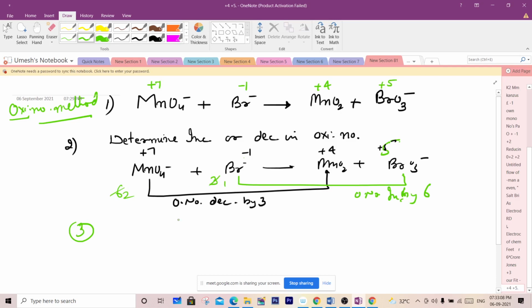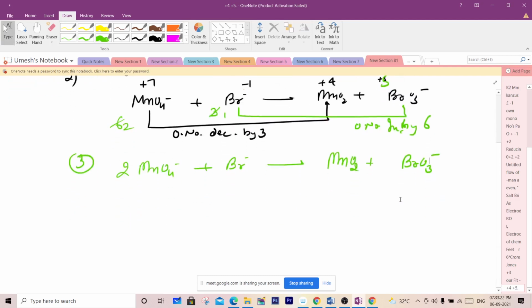In place of it, I will go for 2 and 1, simplest ratio. Cross multiplication. Understood?